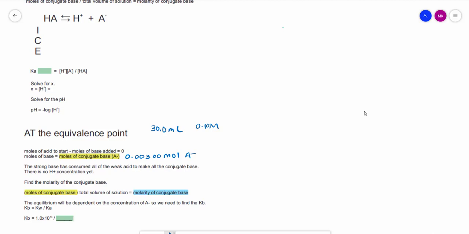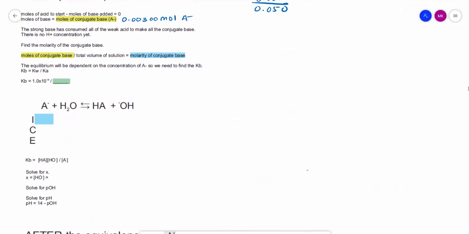So I need to find this new molarity, and I find that molarity by taking the moles and dividing it by the total volume in liters, of course. I actually need 3 significant digits, but I'm trying really hard to keep it as friendly as possible. So the initial concentration of my A minus is 0.06 molar.